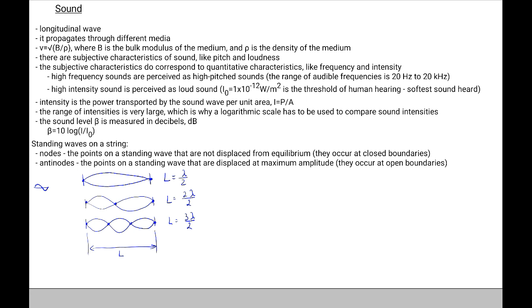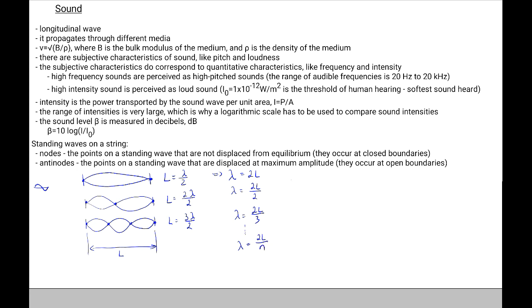So how about we solve for the wavelength from here? So lambda would be 2L, and here lambda would be 2L over 2, and here lambda would be 2L over 3. So if we generalize, lambda sub n is going to be 2L over n.